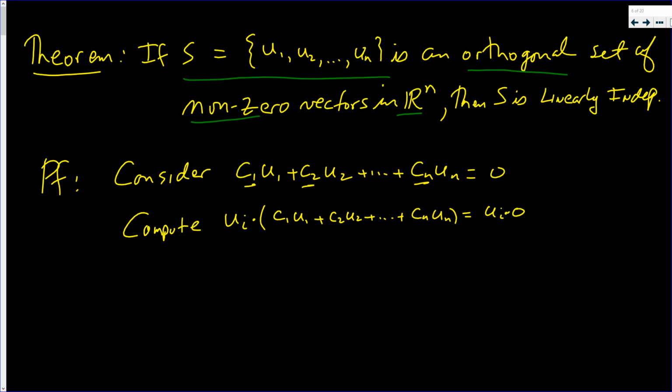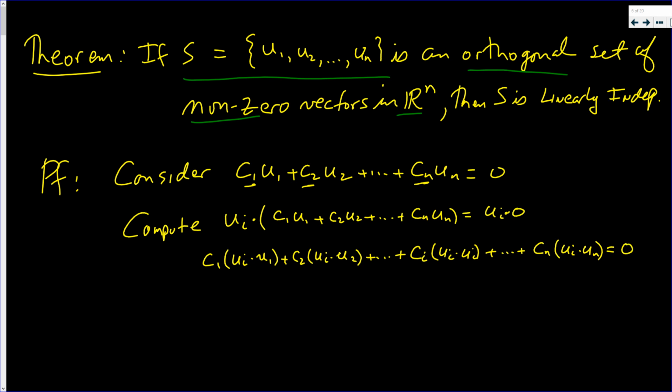Okay, so what we get is c1 times u sub i dotted with u1, plus c2 times u sub i dotted with u2, all the way down to eventually ci times u sub i dotted with u sub i, all the way down to cn times u sub i dotted with un.